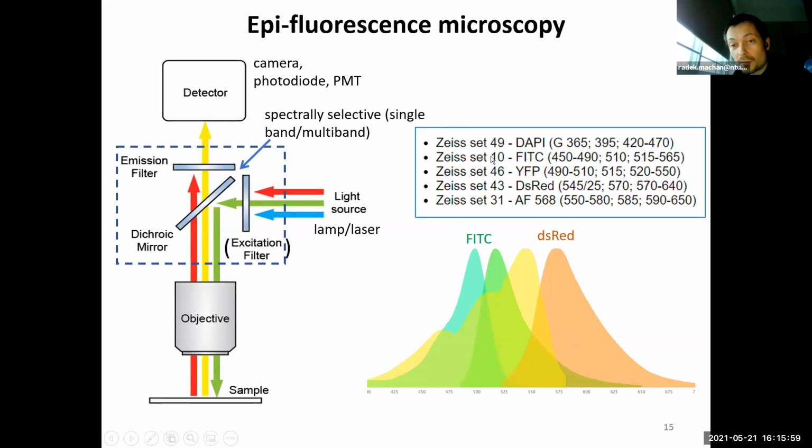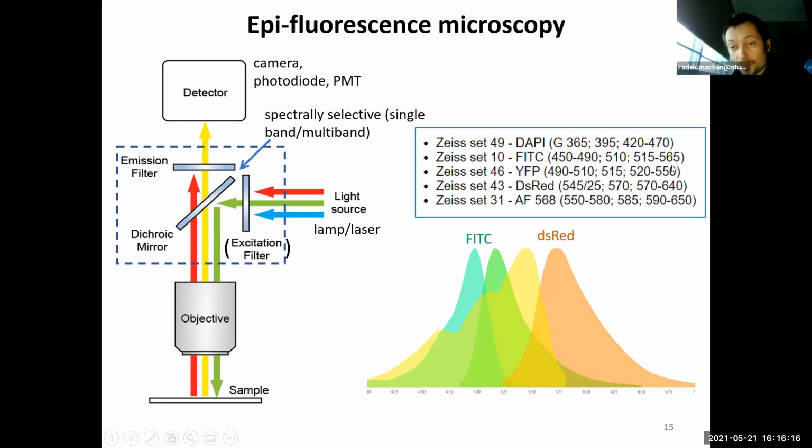So filter set 10, which has excitation between 450 and 490. So 450 is here, 490 is somewhere here. That seems to excite fluorescein very well.